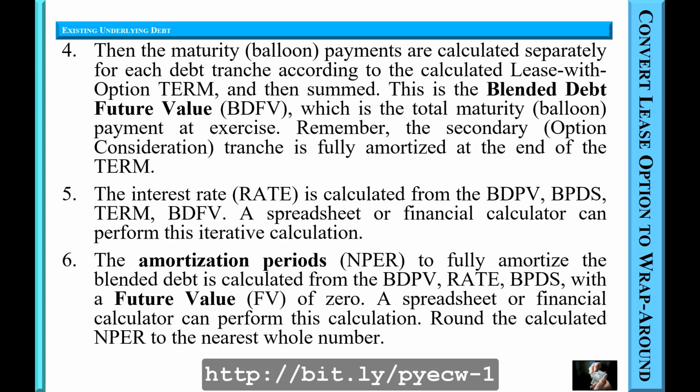The amortization periods, NPER, the number of periods to fully amortize the blended debt, is calculated from the blended debt present value, the interest rate, the blended periodic debt service, with a future value of 0. A spreadsheet or financial calculator can perform this calculation. Round the calculated NPER to the nearest whole number.